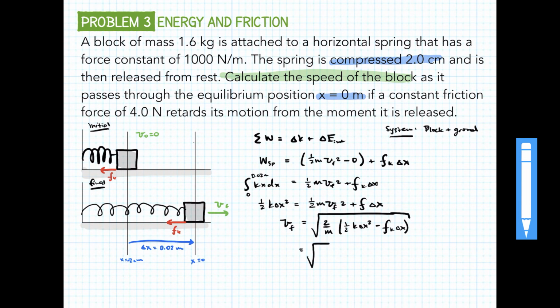Plug all our values in: 2/1.6 kilograms, 1/2 times a thousand newtons per meter, times 0.02 meters squared, minus 4 newtons times 0.02 meters.